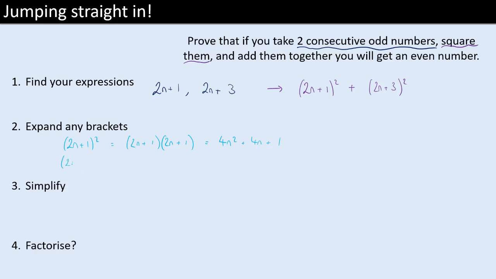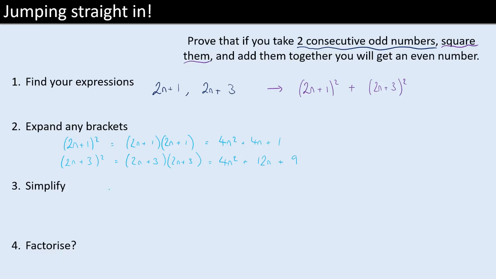And we've also got 2n plus 3 all squared, which is the same as 2n plus 3, 2n plus 3, which is 4n squared again. Now, 2n times 3 would be 6n. Add another 6n, which is going to be 12n. And then 3 times 3 is 9. So we expand our brackets.